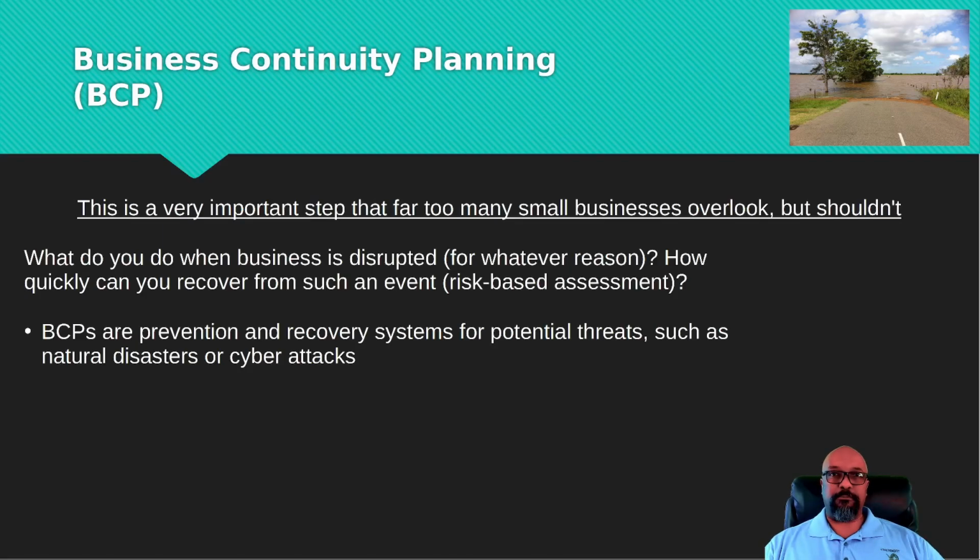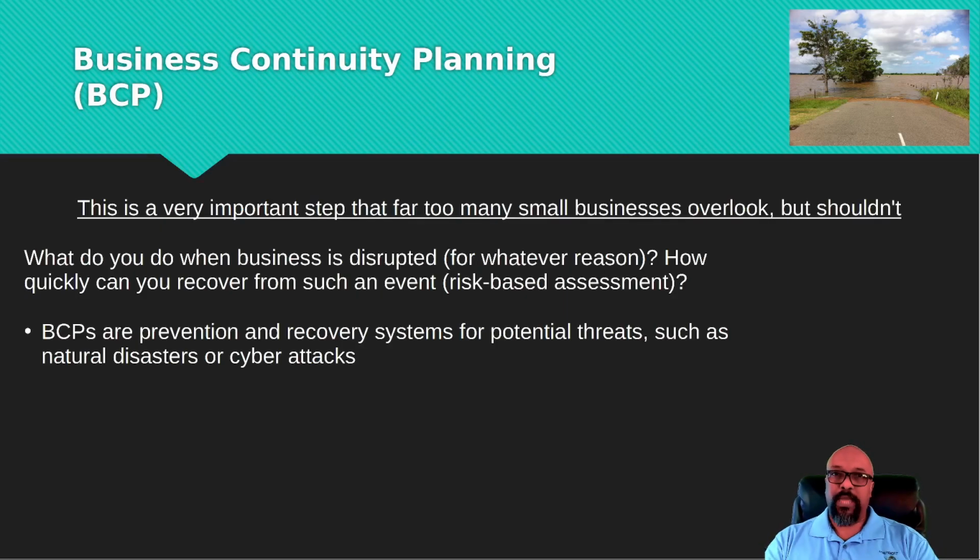And really, it starts by asking yourself, what do you do when there is some type of business disruption, for whatever reason? How quickly can your business recover from that event, whether it's a natural disaster, some type of unplanned outage that occurs?